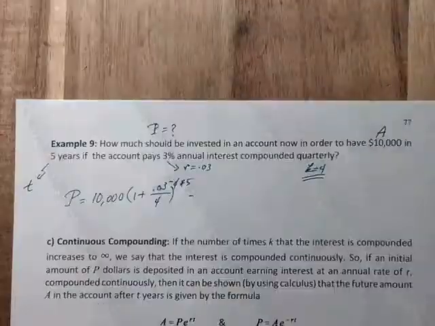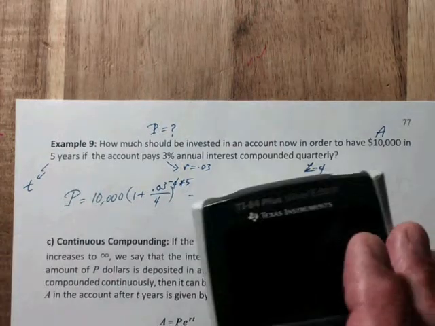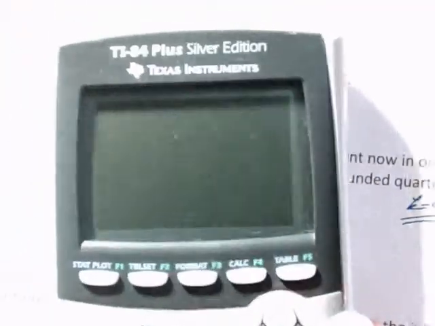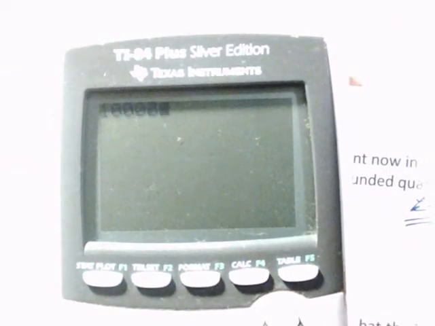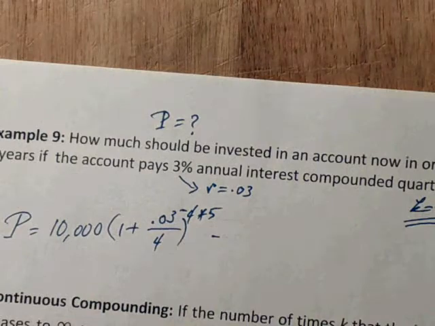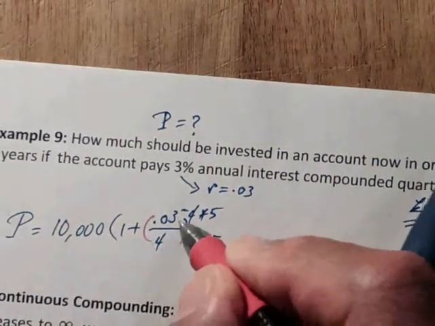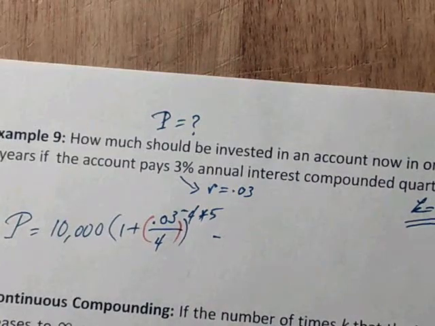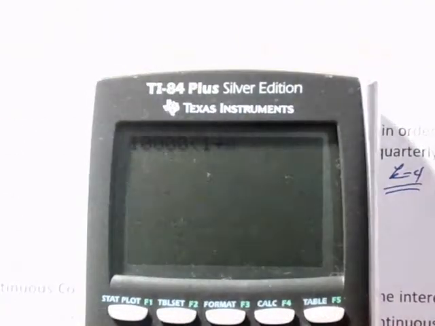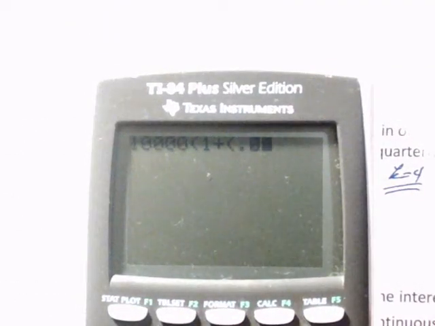Okay, but that's the same thing. You just have to type it correctly. Say 10,000 times 1 plus another parenthesis here. You see, I put another parenthesis right here in order for this to be read correctly. Parenthesis 0.03 divided by 4.